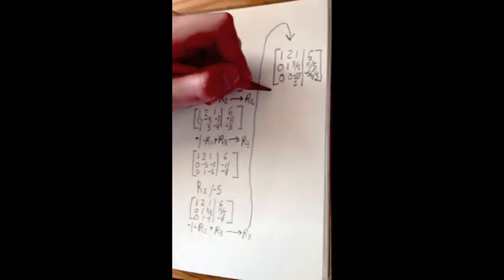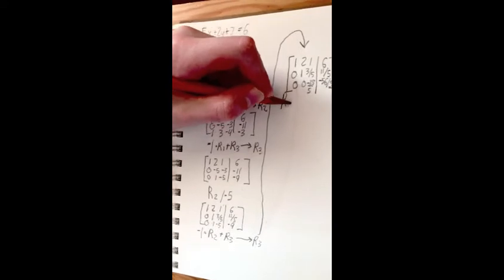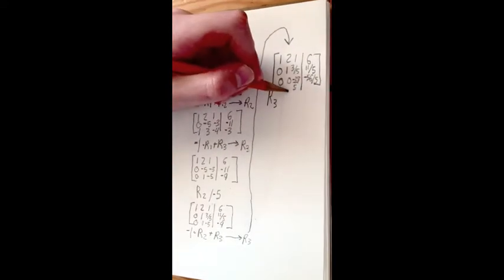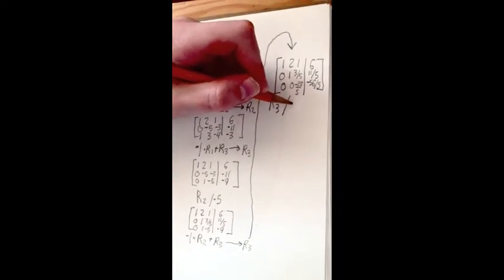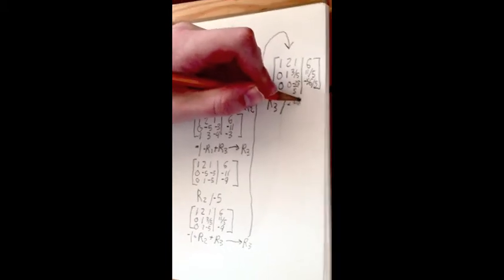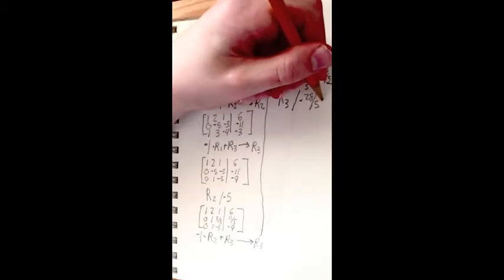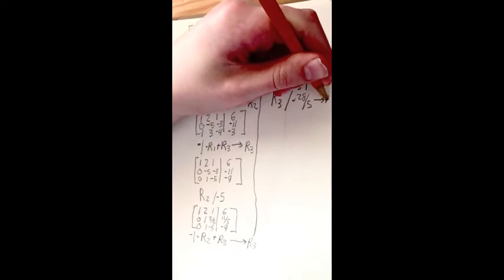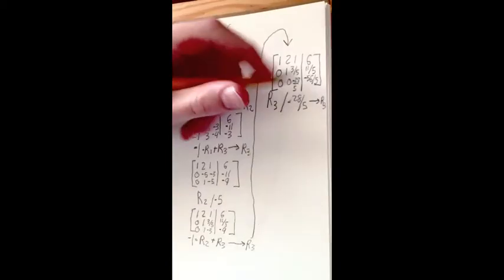So we're going to do row 3 over -28/5 is equal to our new row 3.